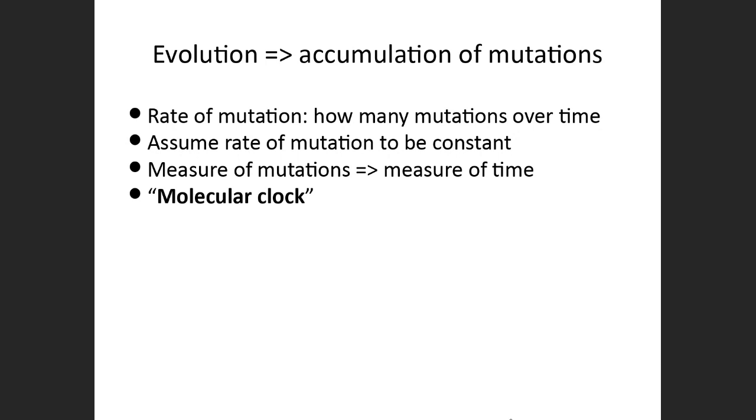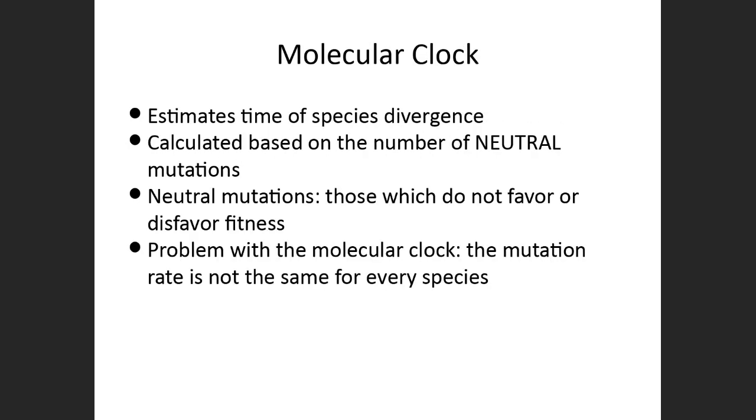Otherwise, you are also counting effects of fitness, like this mutation made things more or less fit than the other mutation. A neutral mutation is a change in DNA that didn't make something better or worse. It was just a change. Most of them would be in non-coding DNA. We'll elaborate on that in the future. So the molecular clock relies on neutral mutations, and the neutral mutations don't make things more or less fit.